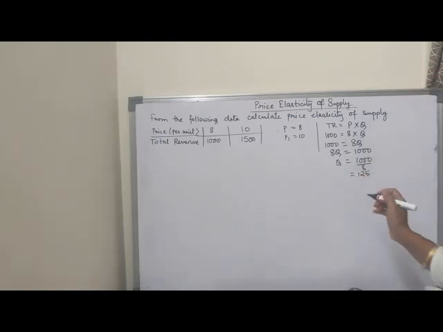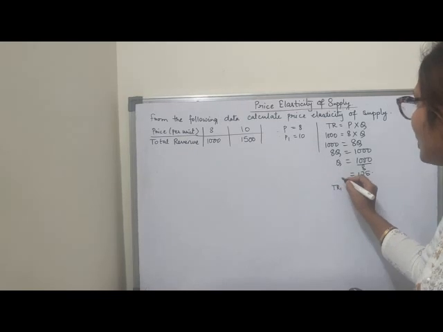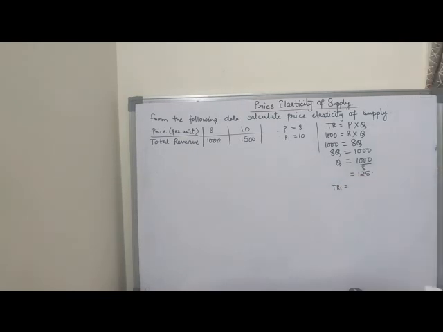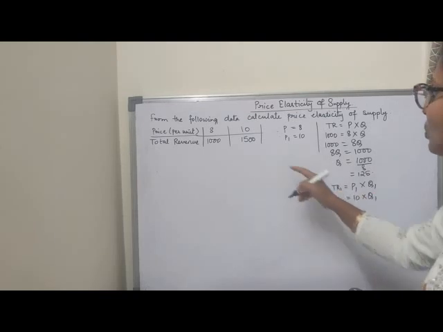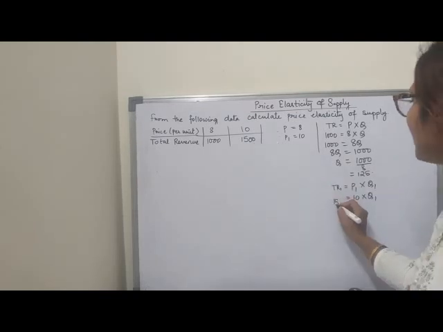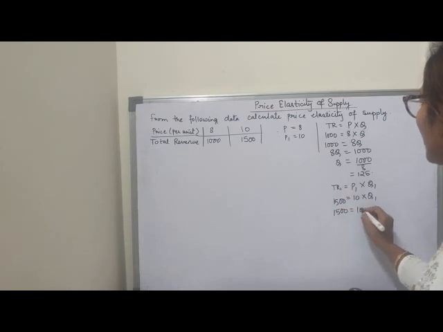So my old quantity is 125. Now TR1 was the old total revenue and this is the new total revenue. Now again TR1 is P1 into Q1. Now the new price is 10 and quantity I don't know. TR1 is 1500. So 1500 is equal to 10 Q1.